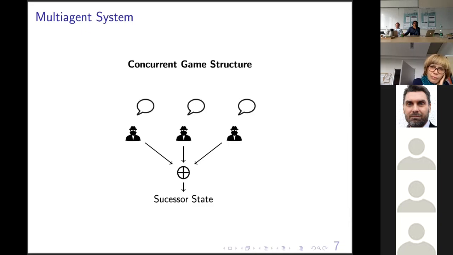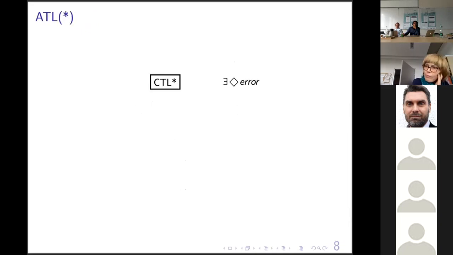Now, if you want to reason about such multi-agent systems, existing logics such as CTL star are not really appropriate. In CTL star, we could express something like there exists a trace that eventually reaches an error proposition. However, in a multi-agent system, we usually want to reason about the strategic behavior of a group of agents.